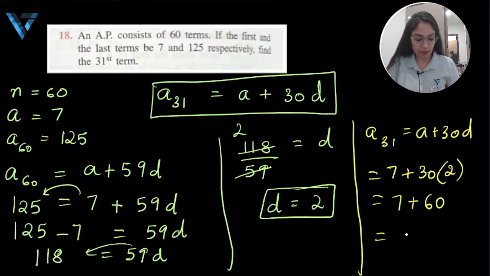So this is equal to 67. So its 31st term is equal to 67. Are you getting the same answer? So the 31st term of this sequence is 67.